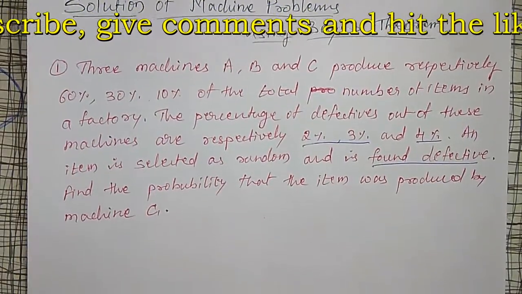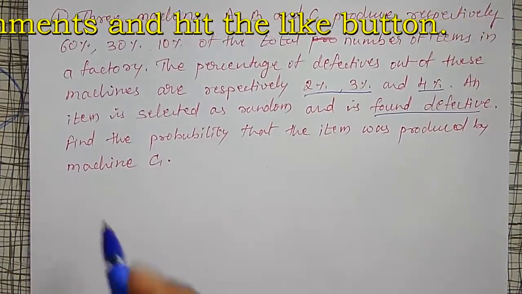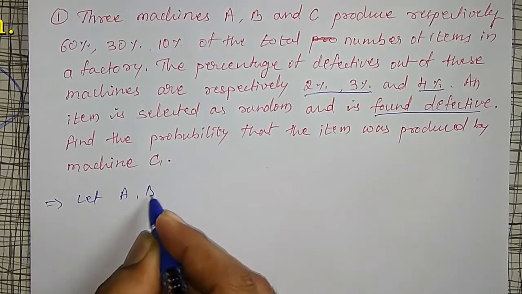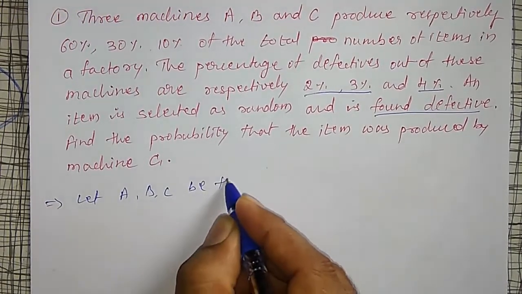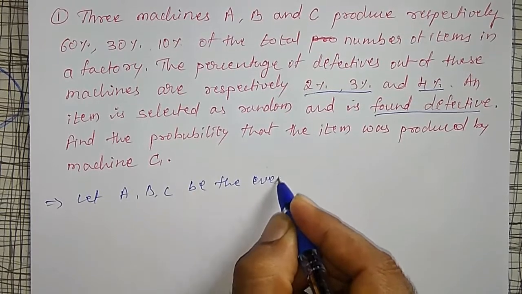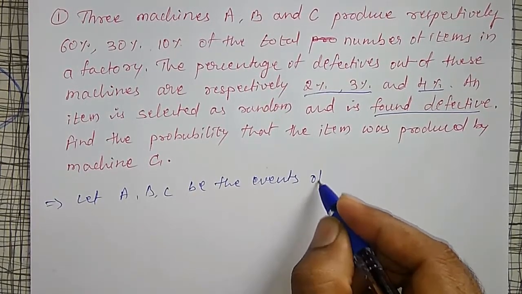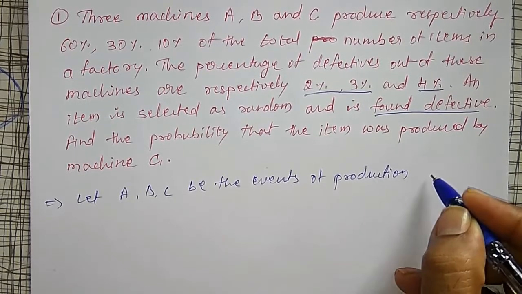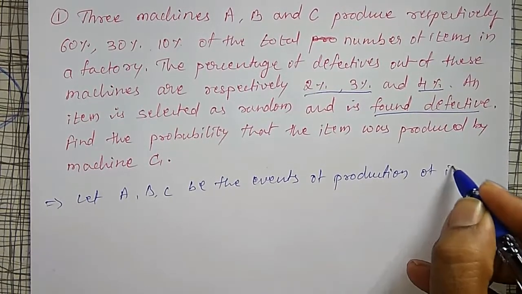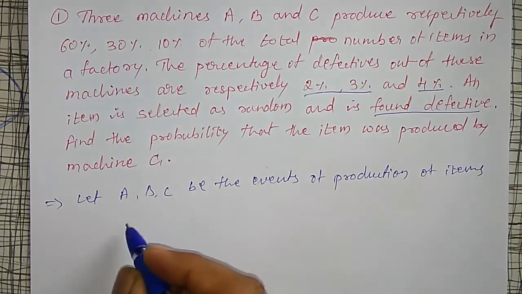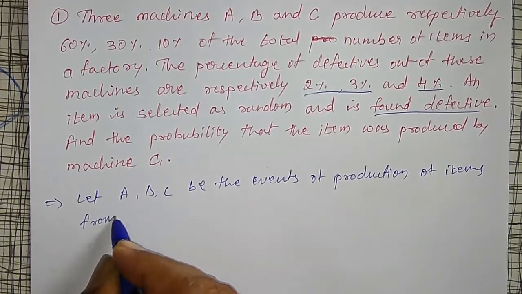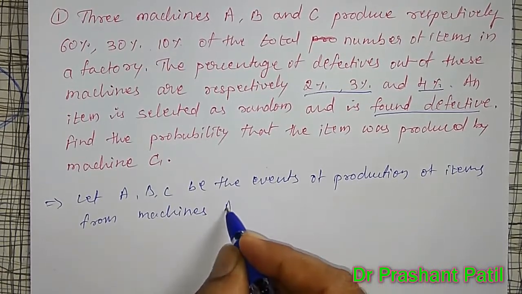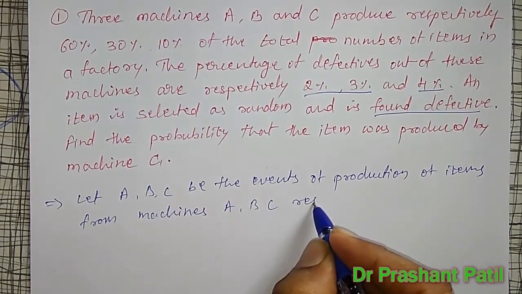Let A, B, C be the events of production of items from machines A, B, C respectively.